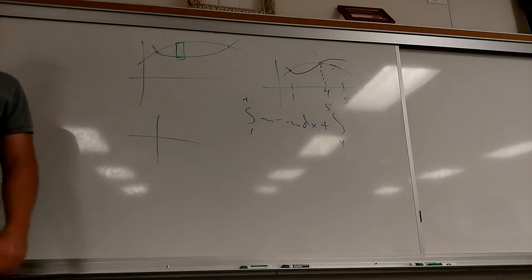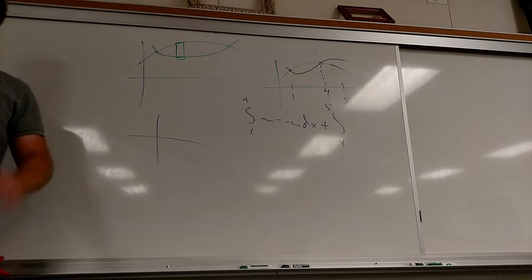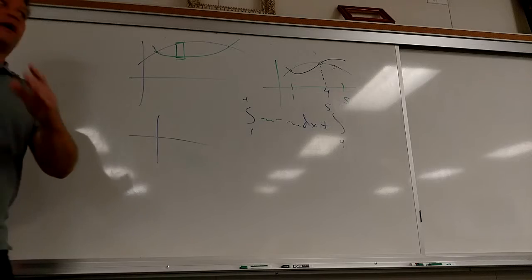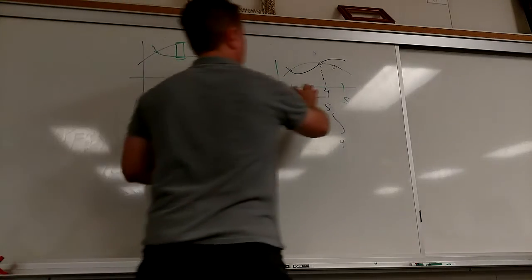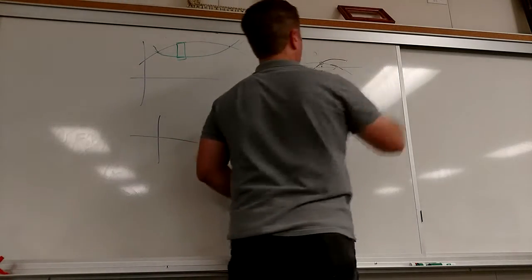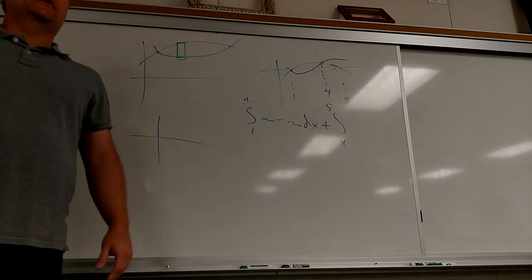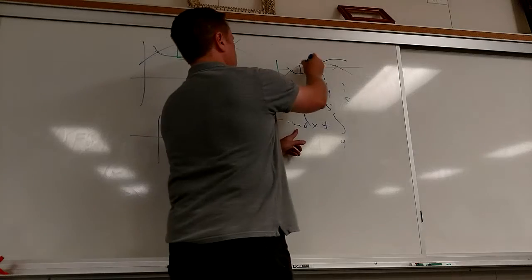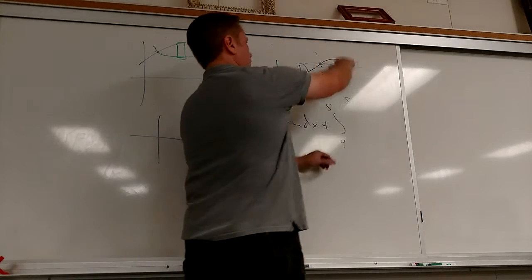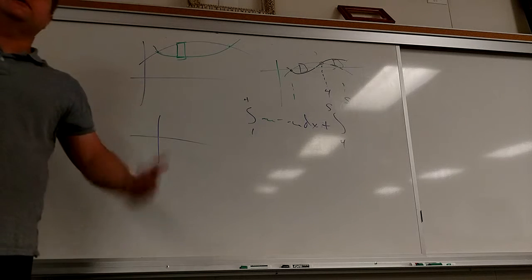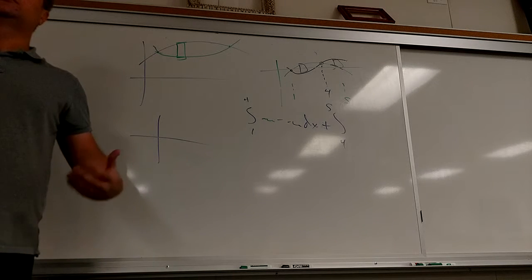The x-axis doesn't matter at all when I'm dealing with areas between curves. If I put the x-axis here, you do it the same way. Same exact way. Because this minus this is going to be positive throughout, and the other way around is going to be positive throughout. I like it. No absolute value required.